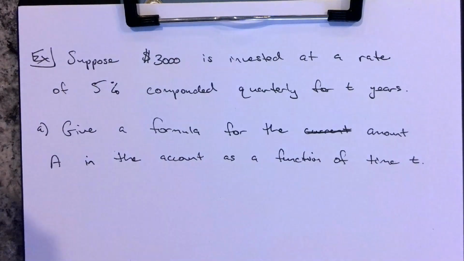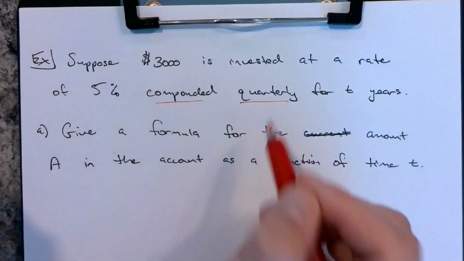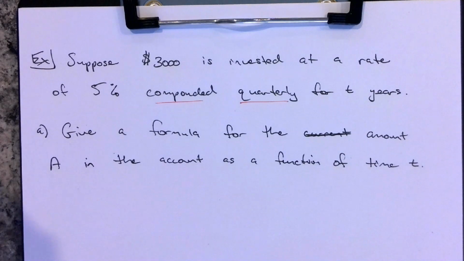So first off, compounded quarterly is giving you information. We're talking about an interest rate. We're talking about compounded quarterly.